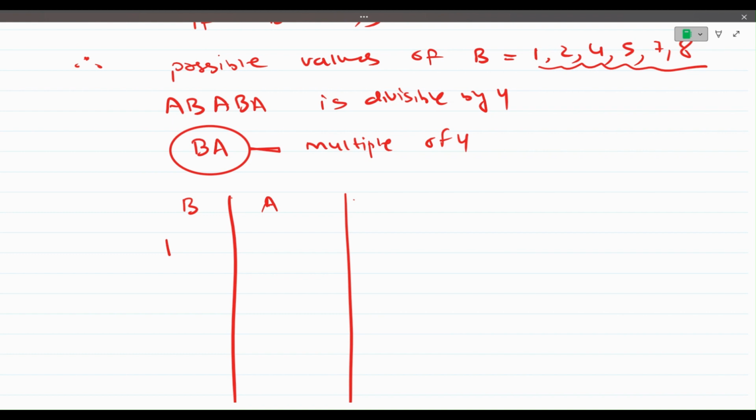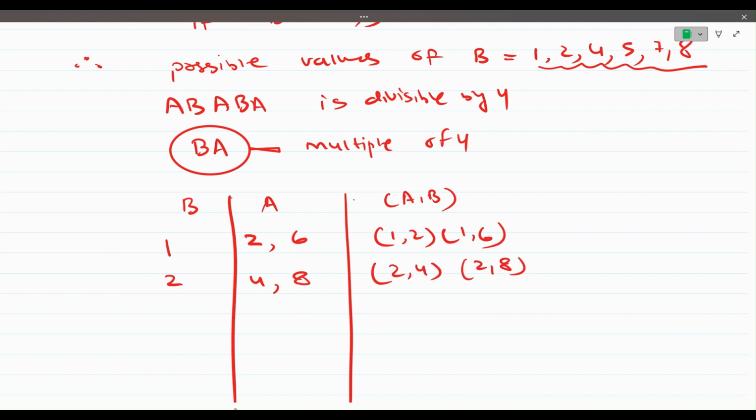What are the possibilities? So if b is 1, then a can be either 2 or 6. So the pair can be 1, 2 or 1, 6. If b is 2, then a can be either 4 or 8. So the pair will be 2, 4 or 2, 8. If b is 4, then a can be either 4 or 8.